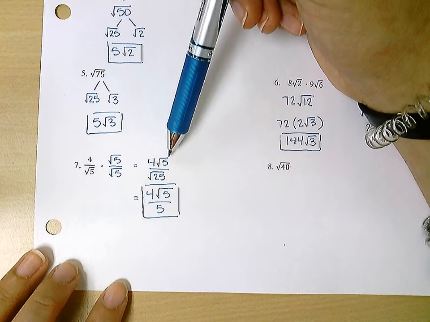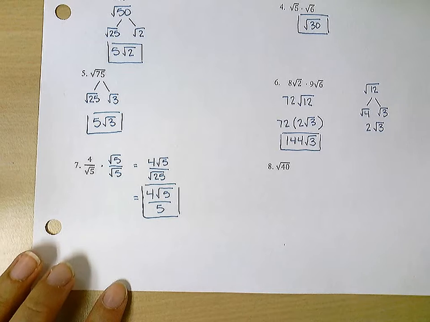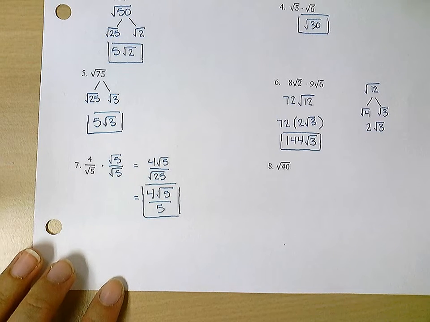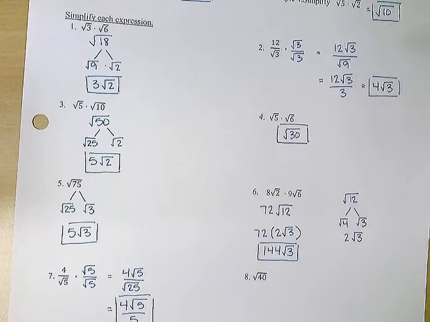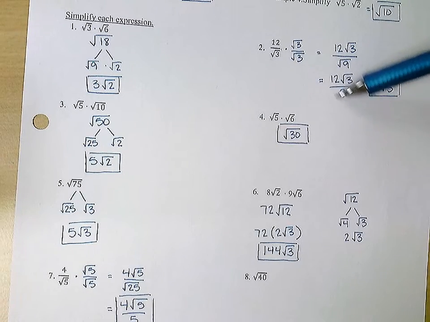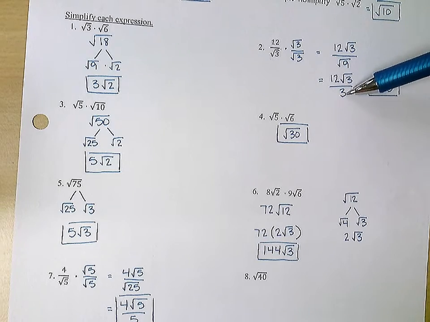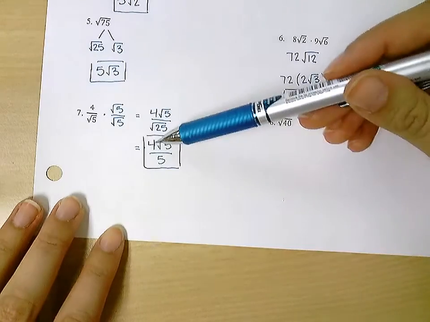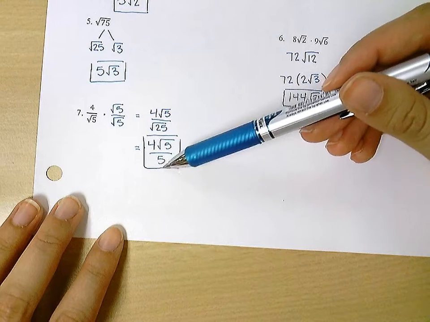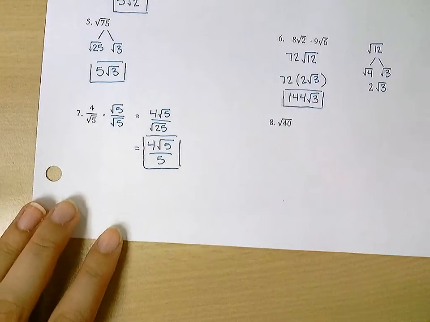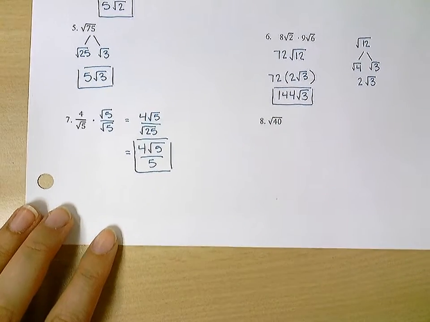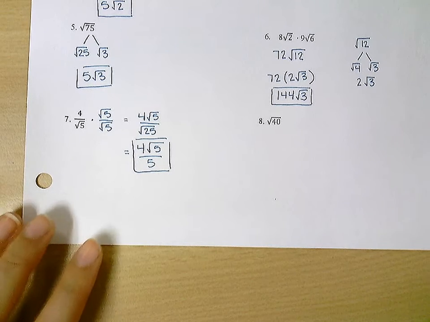Wait, then how's it different than 2? It's not different than 2. It's the same type of problem, but in number 2, I could simplify my fraction part right here because I could take 12 divided by 3. Down here, I can't take 4 divided by 5. Does that make more sense? Yeah? Okay.